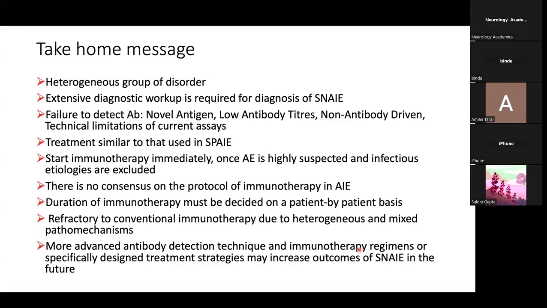Other mechanisms have also been detected to operate in this, and it has a major role to play as well. It's not that we don't have any other options, especially in refractory status. The root cause has to be treated, not just the super refractory status. One has to move very fast.